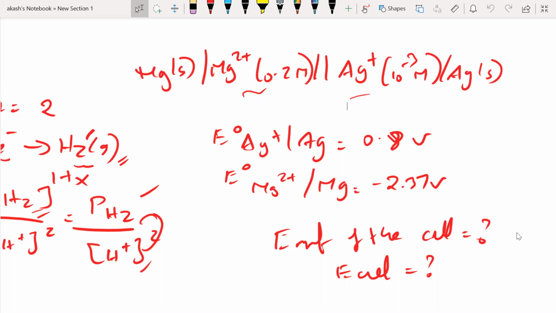Sir, I got 2.44 into log of Mg2 plus by Ag plus square. The values are given, right? What is the Mg2 plus concentration given in the question?